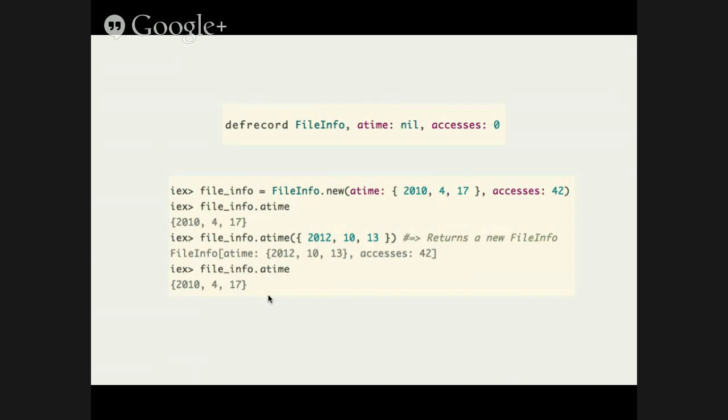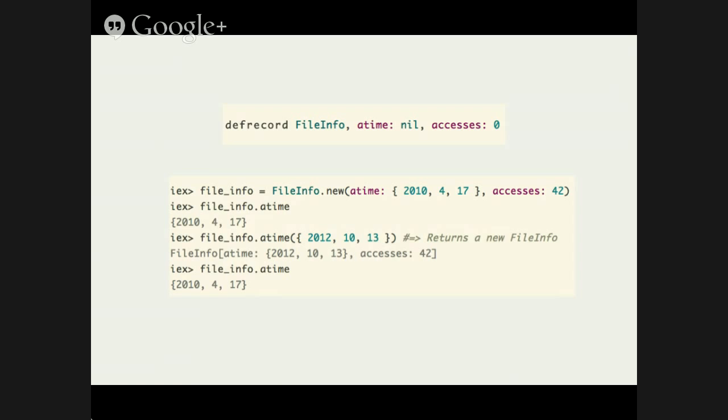You can define a record in Elixir. It looks similar to a struct in other languages, basically just giving it different attributes. It defines some getters and setters for you. Use it like you would an object in an object-oriented language, and you can see on the second line of the bottom part, we're calling a time and it's outputting a time, and then on the next line we're setting a time.